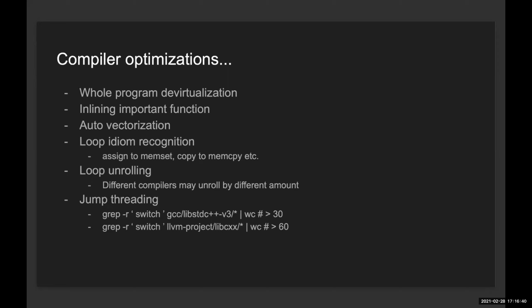The fourth one is pretty interesting: loop idiom recognition. In the standard libraries, there are many functions which can be lowered into C library calls, but they are not. The compiler may do some optimization, like vectorization or unrolling.